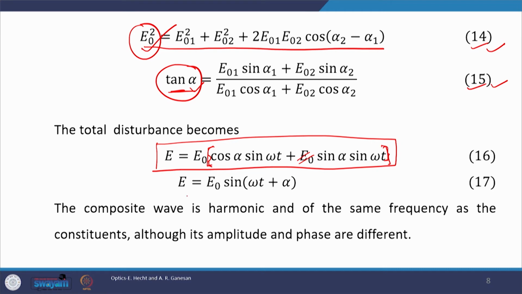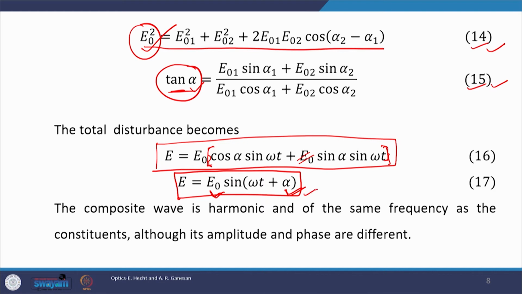Therefore, the final expression reduces to E equals E naught sin(omega t plus alpha), where alpha is given by equation number 15 and E naught is given by equation number 14.